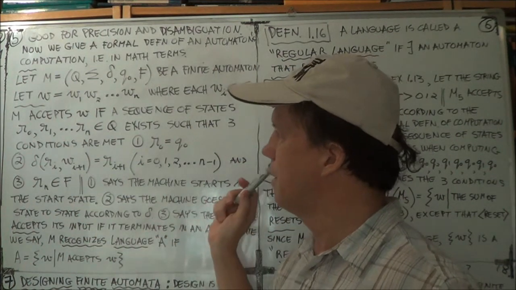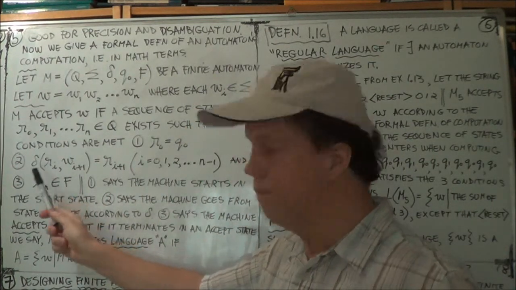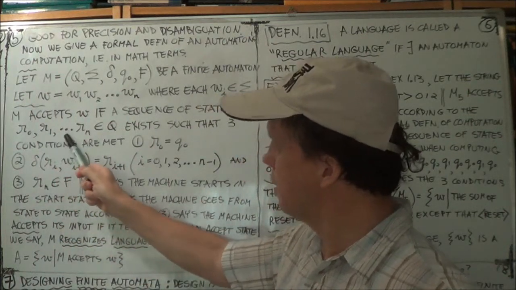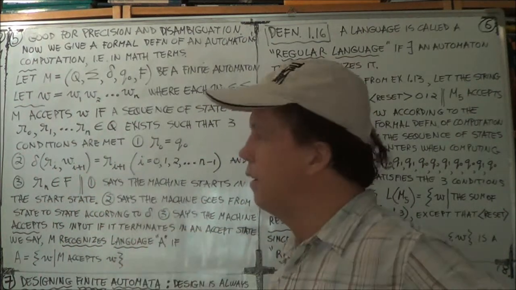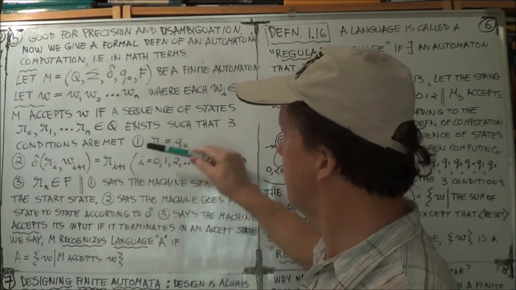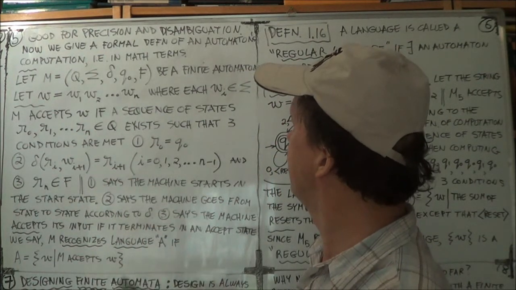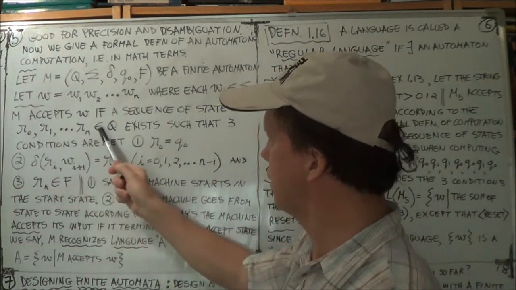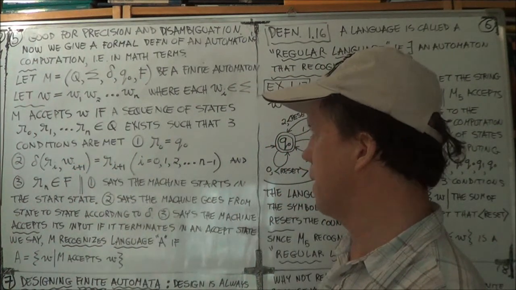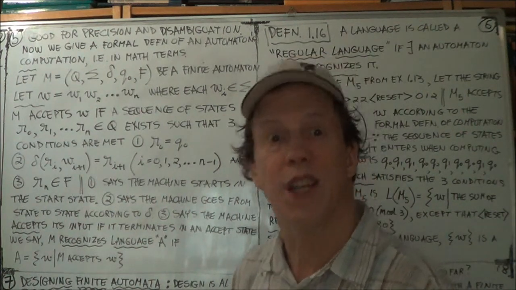So effectively, your transition function, your delta, has to give you the correct sequence of states as you go through reading. So these sequences of states obey these three conditions. That's your formal definition of what computation is.